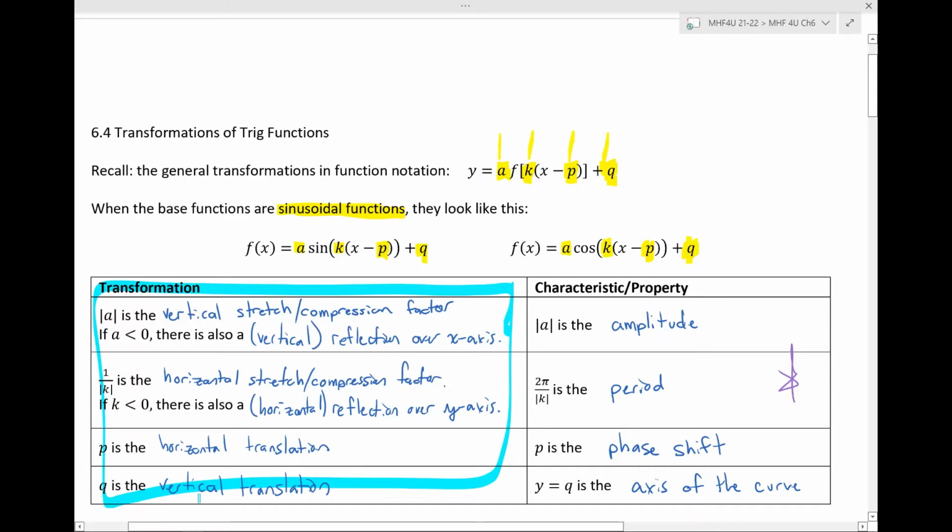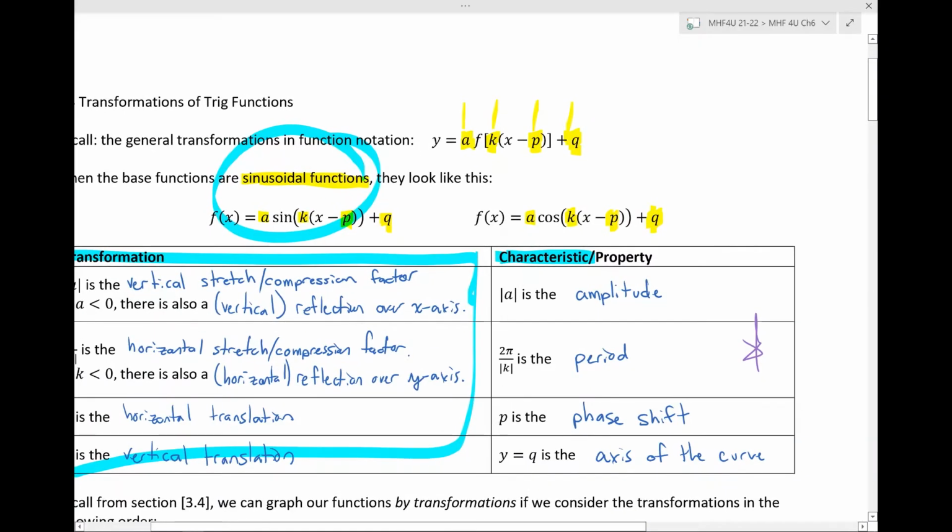Specifically, when we're working with sinusoidal functions, these transformations apply to different characteristics of the function. We're going to go over what these characteristics look like a little bit more, and review that because you will have already gone over it in your grade 11 course.